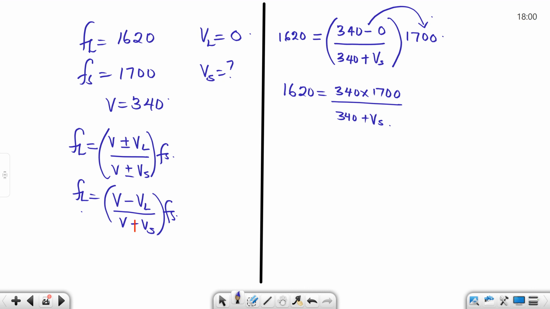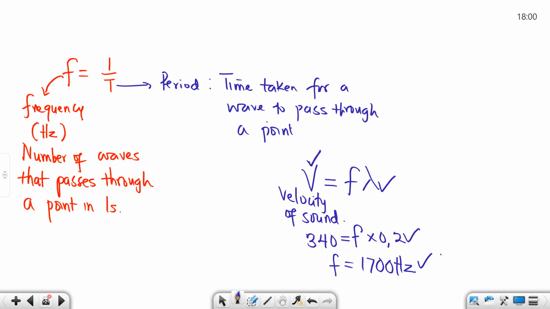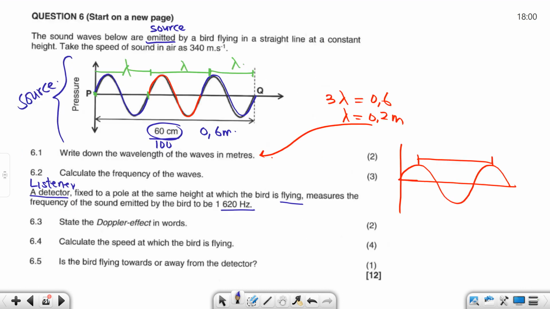The bird is the source. Okay, let's go back. The detector is fixed to the pole and measures at 1620. So measures talks about the listener. The sound waves below are emitted by a bird.